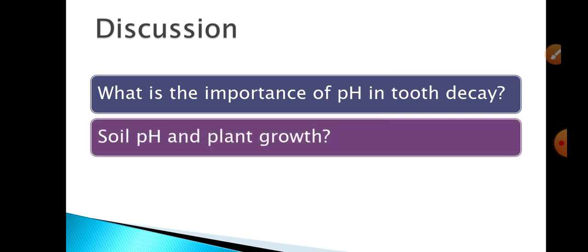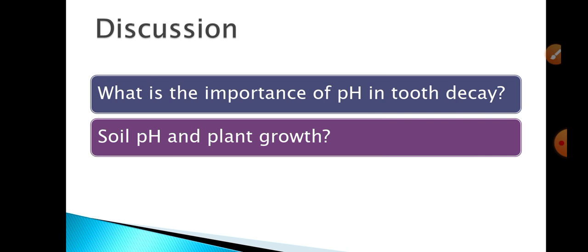So do you think pH plays a vital role in plant growth? Most plants grow best when the pH of the soil is close to 7. If the soil is too acidic or too basic, then the plant grows badly or does not grow at all. The soil may be acidic or basic naturally also.